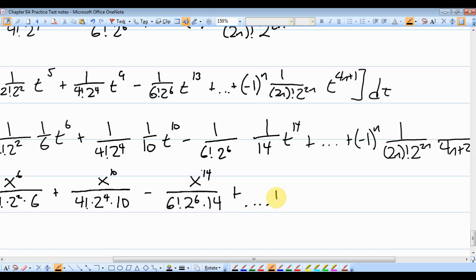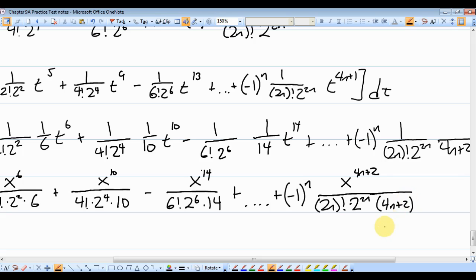Plus, okay, negative 1 to the n. I think that's x to the 4n plus 2, over 2n factorial, 2 to the 2n, and then 4n plus 2. Mind your parentheses. Make sure you're setting those factors apart.